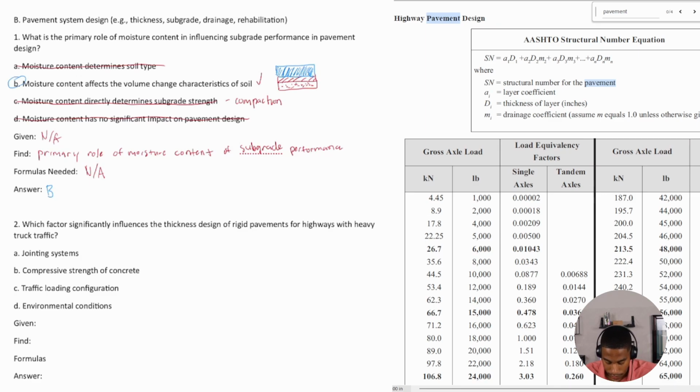B, compressive strength of concrete. No. C, traffic loading configuration. Maybe. D, environmental conditions. Maybe. Okay, what are we given? Nothing, so this is not applicable. We're trying to find the factor that significantly influences thickness design.